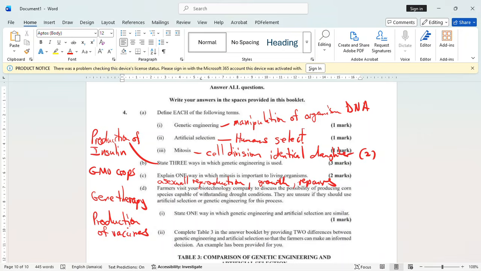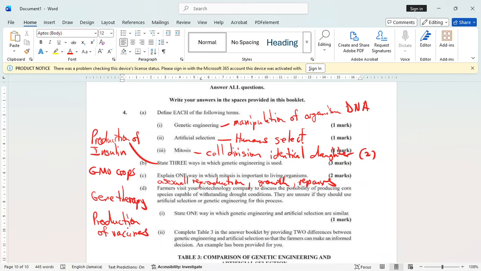So what you can do in terms of genetic engineering is selecting the gene, and you can actually put the specific gene within the corn so that they can withstand the drought.